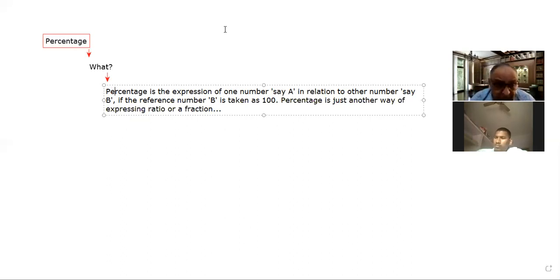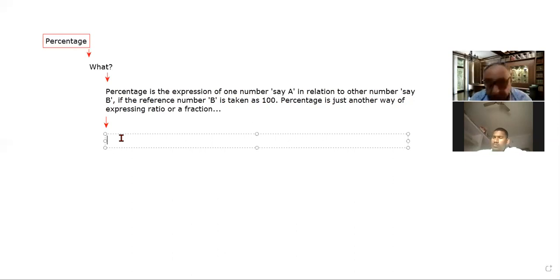So let us take an example here. Suppose your marks in examination are 125.